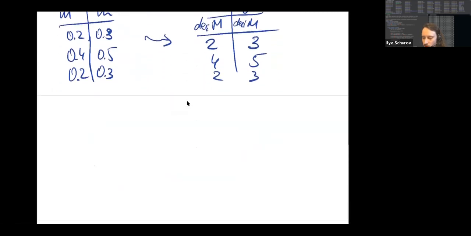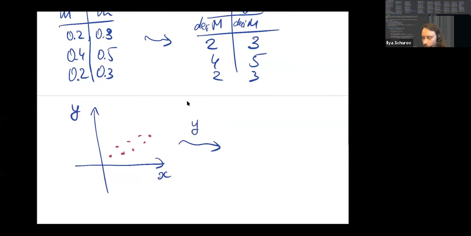And visually, it means that if you have, for example, this picture, and if you multiply all values of, for example, y by 10, then the picture will be changed.